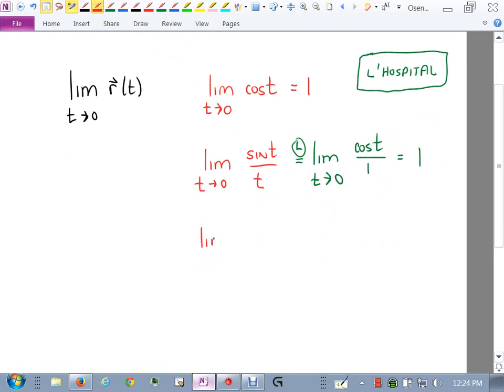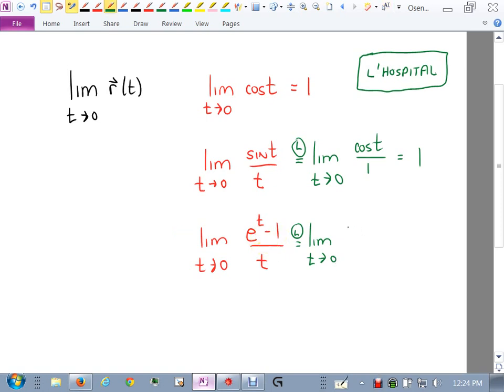And then lastly, the limit as t goes to 0 of e to the t minus 1 over t. So as t goes to 0 here, what's e to the 0? 1 minus 1. 0 over 0 is a bad thing, right? So L'Hopital, right? Do it again. The derivative of e to the t minus 1 is what?